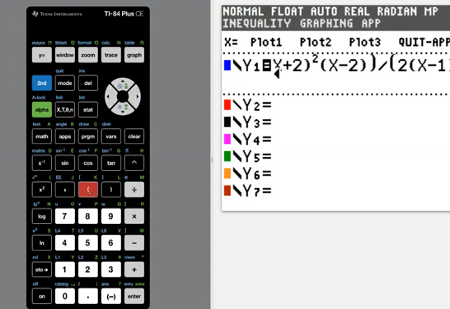Make sure we open that parenthesis. You might not be able to see everything on the viewing screen, but I'll try to scroll over. So I'm closing off the x minus 3 and closing off all of the factors in the denominator. Now, we press graph.